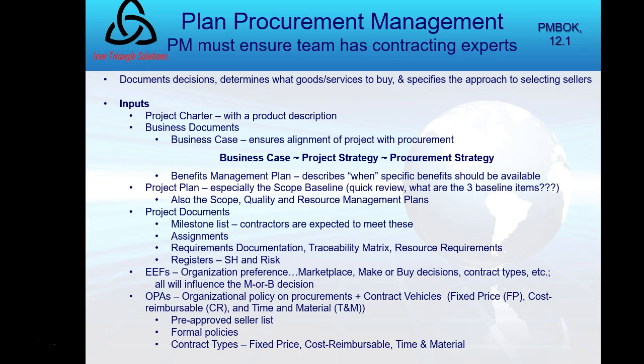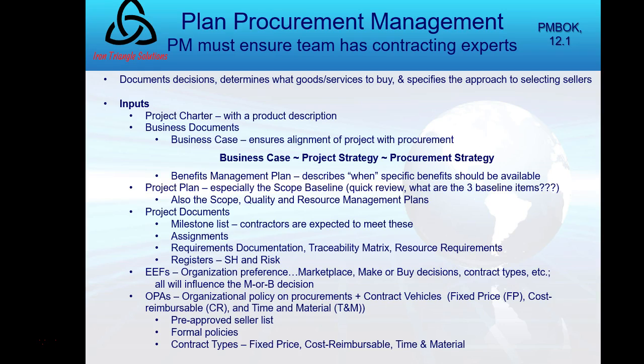So I'm looking to use one of those contract vehicles: fixed price, cost reimbursable, or time and material. In fact, some contracts that I've done at Scott Air Force Base in Illinois are a mix of fixed price and time and material, for example. So they can even be a mix of them.